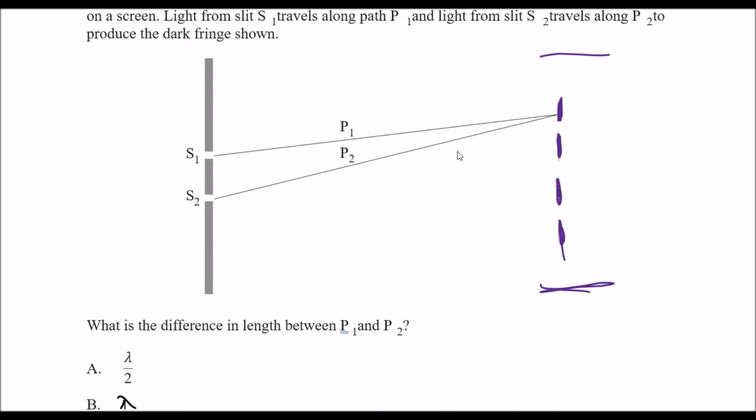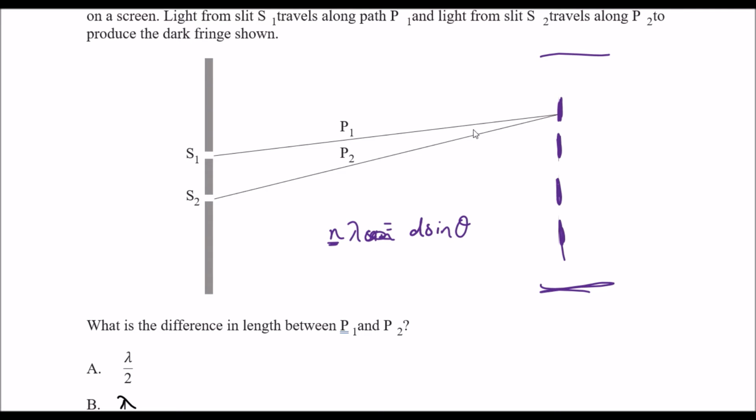According to the formula, we have d sine theta equals n lambda, that's our relationship there. So n means the order we see the wavelength in.